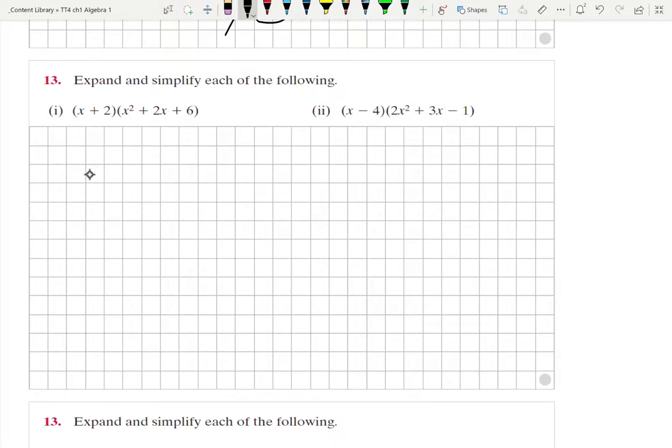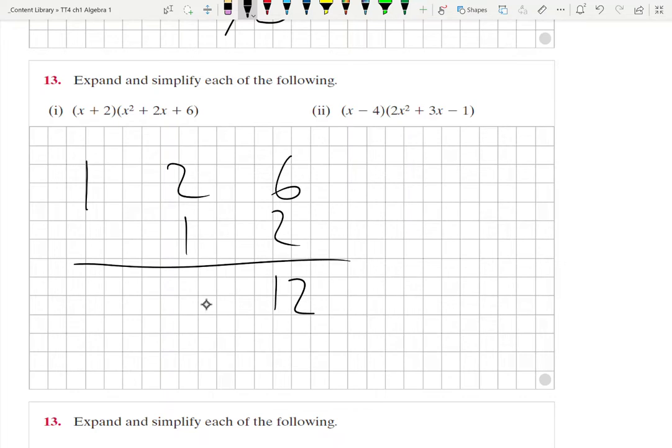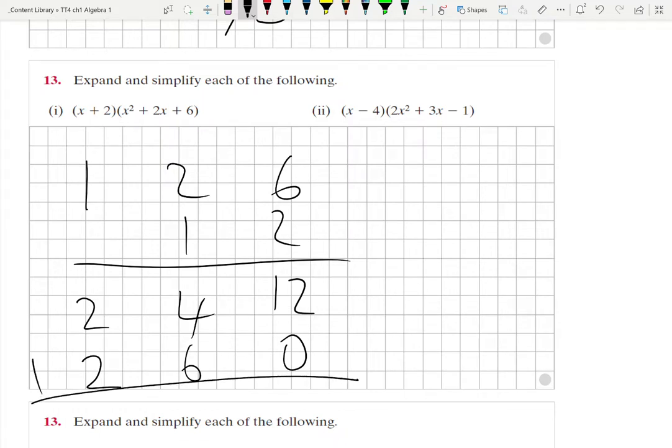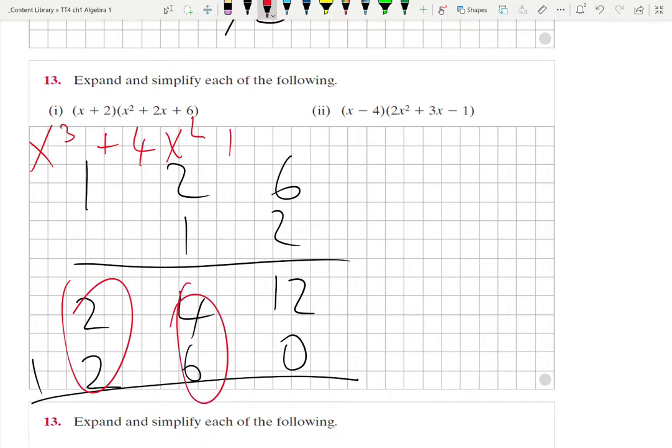We'll just use place values here. I'll write the answer up here in red. We have x cubed plus 4x squared from here plus 10x plus 12.